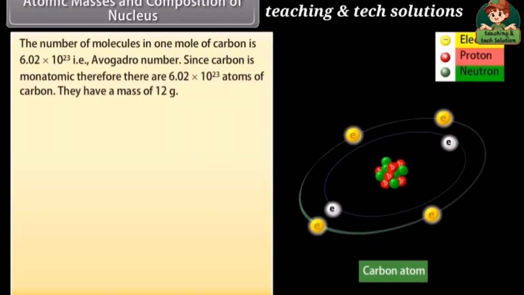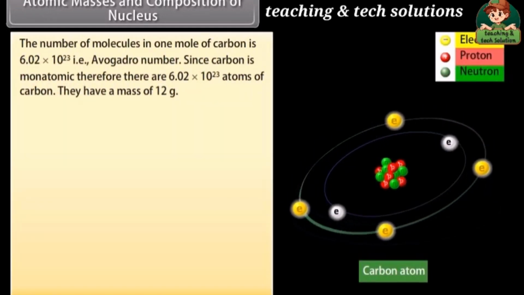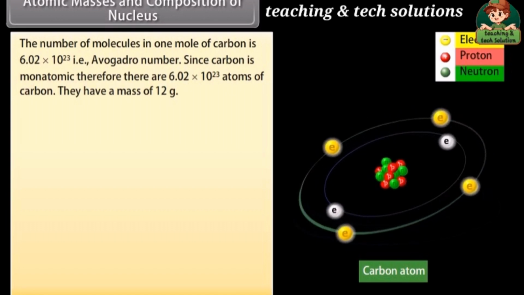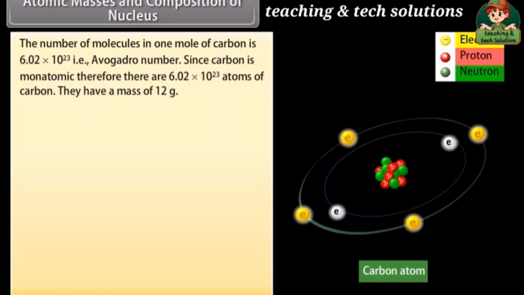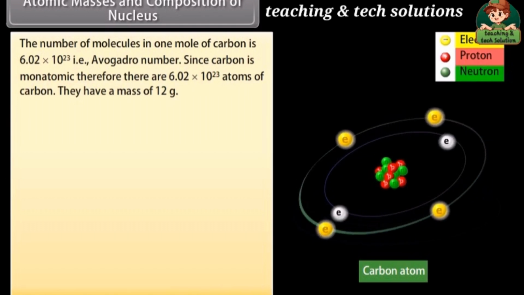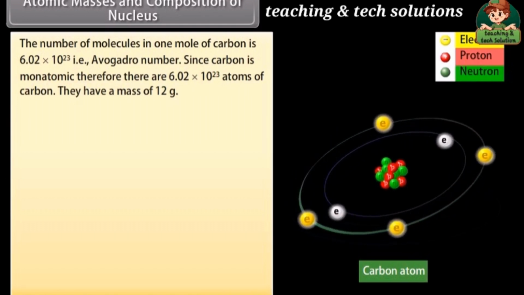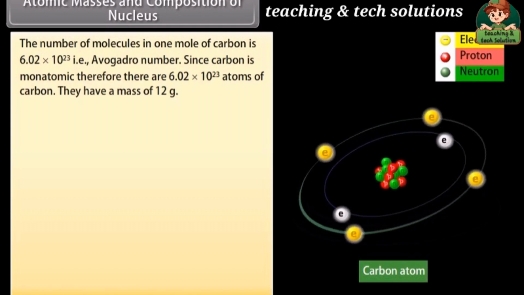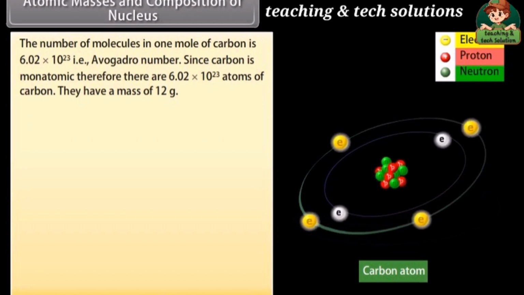Atomic masses and composition of nucleus. The number of molecules in 1 mole of carbon is 6.02 into 10 raised to the power 23. That is Avogadro number. Since carbon is monoatomic, there are 6.02 into 10 raised to the power 23 atoms of carbon.